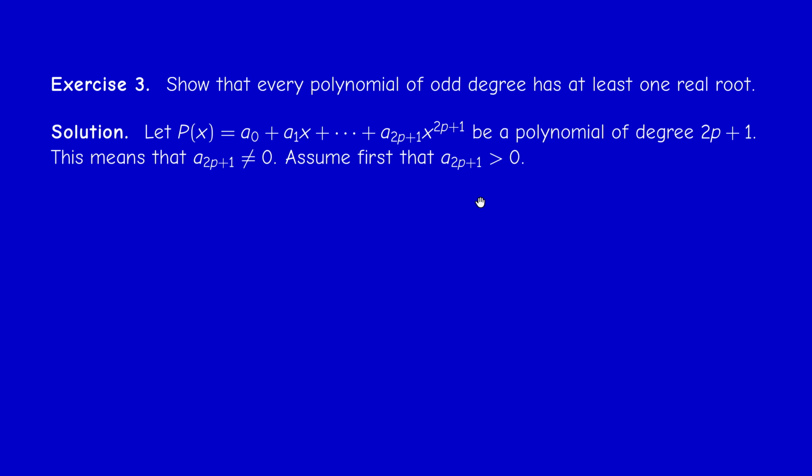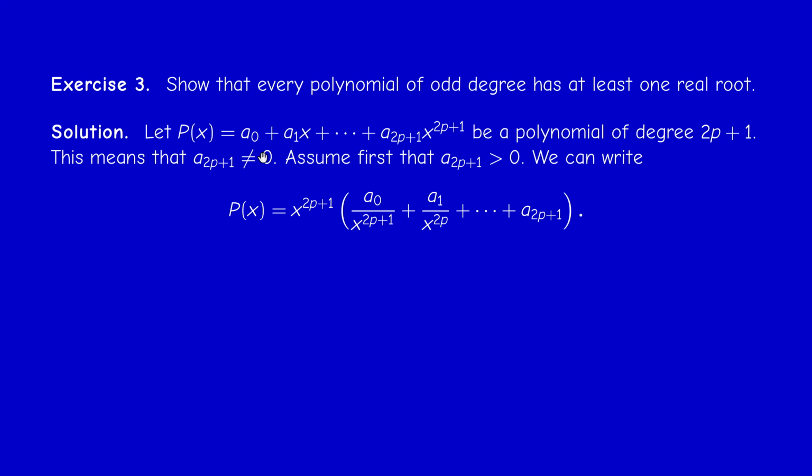If it's positive, then when you factor the polynomial by x^{2p+1}, we get this result. Okay, so all these terms which are divided by a power of x vanish when x tends to infinity. So the limit of p(x) is plus infinity at plus infinity, and at minus infinity it's minus infinity, because you are assuming that the leading coefficient is positive.